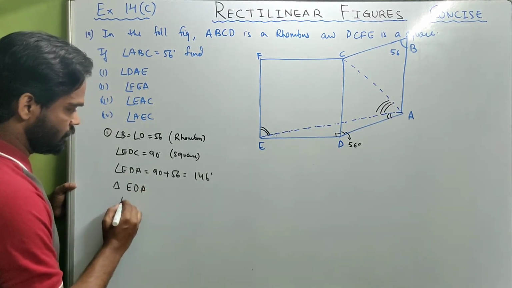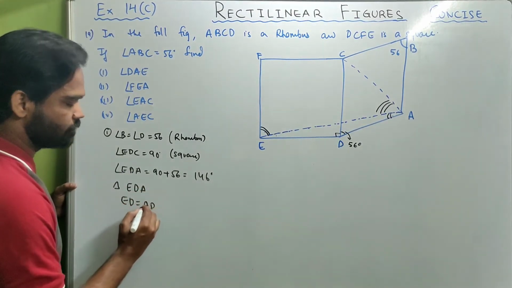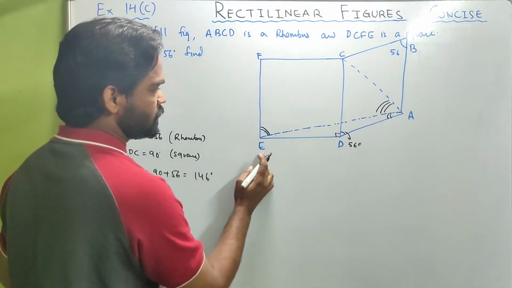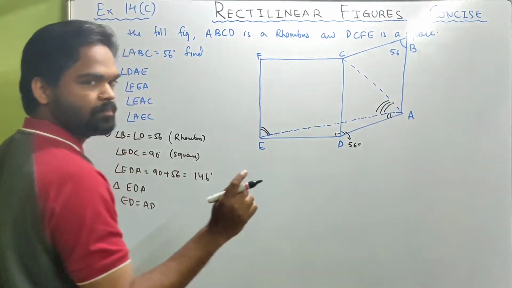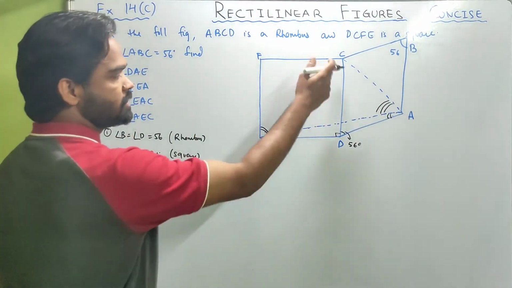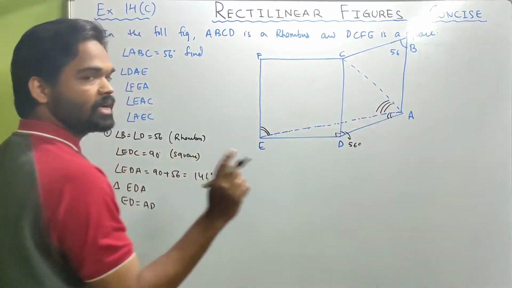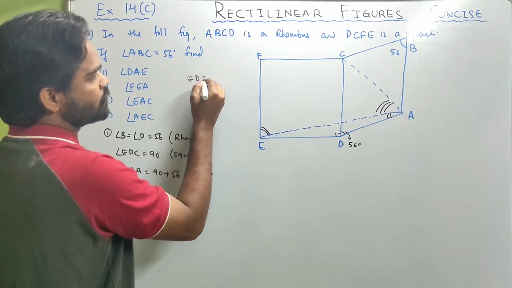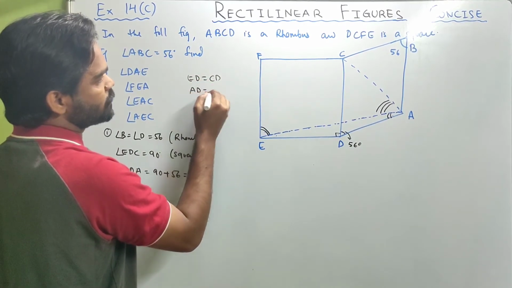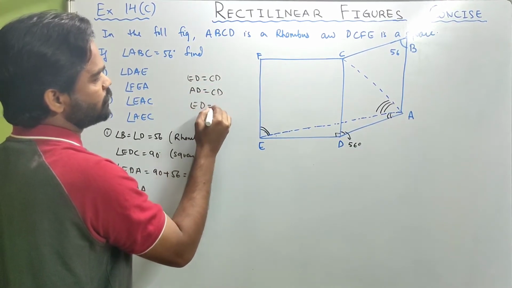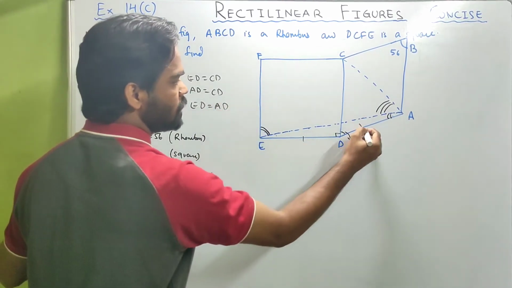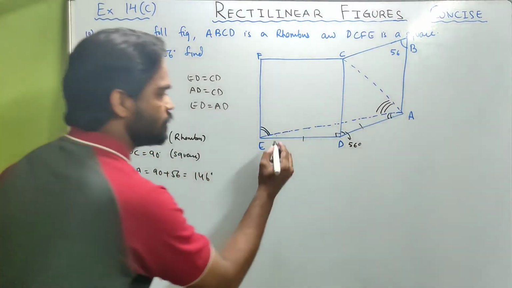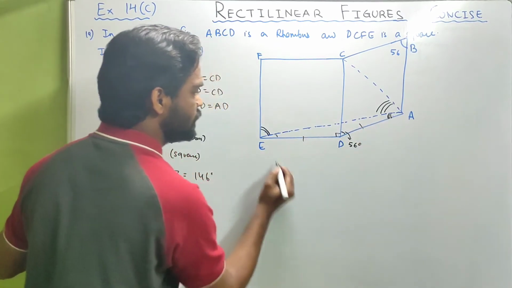Now look at triangle EDA. ED is equal to AD. How come? Because ED and DC are the same, it's a square EDCF. And in the rhombus also the adjacent sides are equal, which means AD is equal to DC. ED equals CD and AD equals CD, which means ED is equal to AD, so this triangle is isosceles and these two angles will be equal.